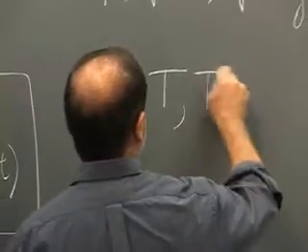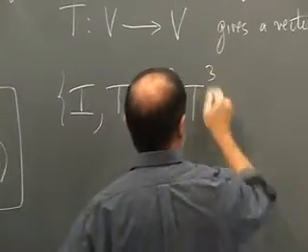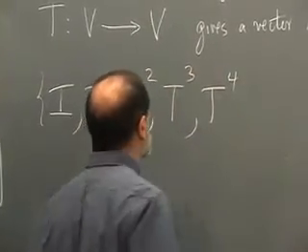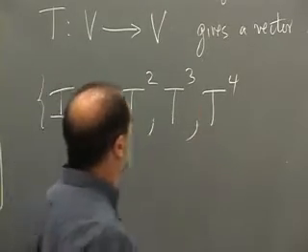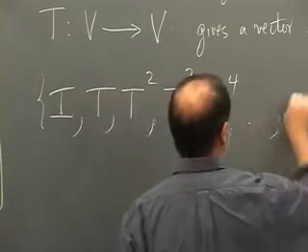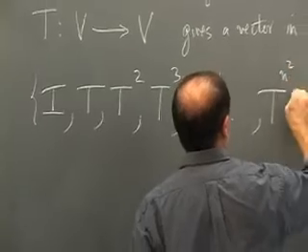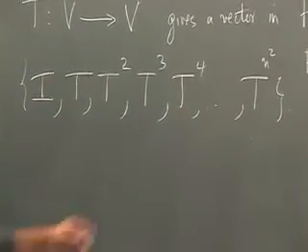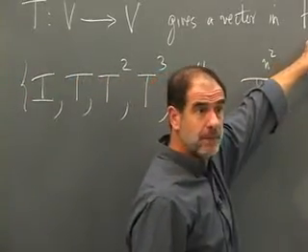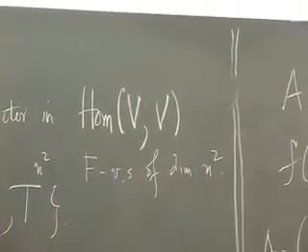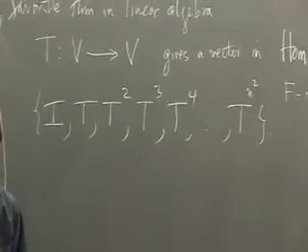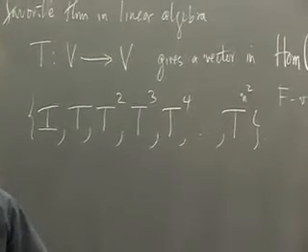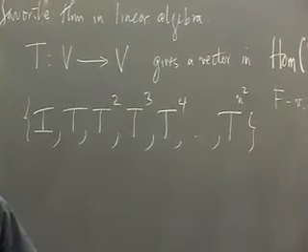You have the identity matrix, you have T, you have T squared, you have T cubed, you have T to the fourth. You can compose the operator with itself as many times as you want. Eventually, let's go all the way to T to the n squared. So they all lie in this vector space. And there are n squared plus one of them. So they must be linearly dependent.